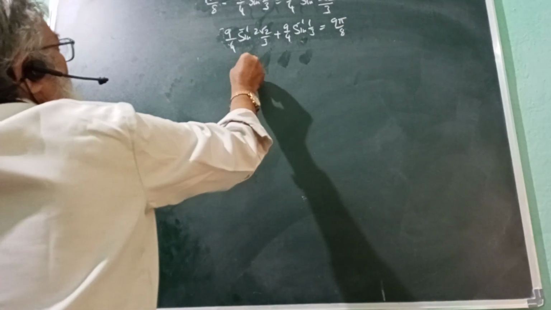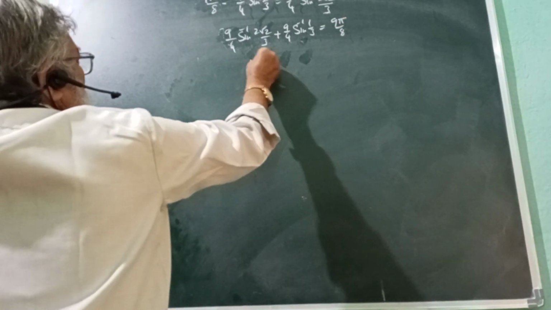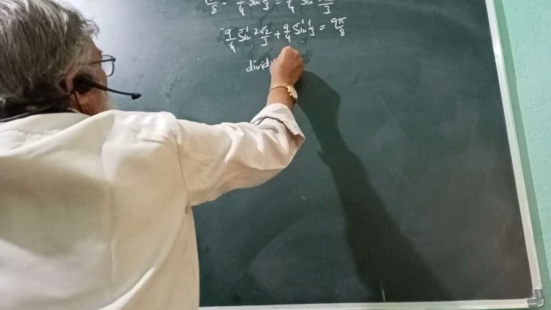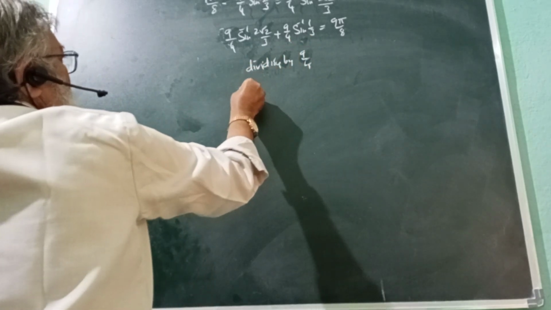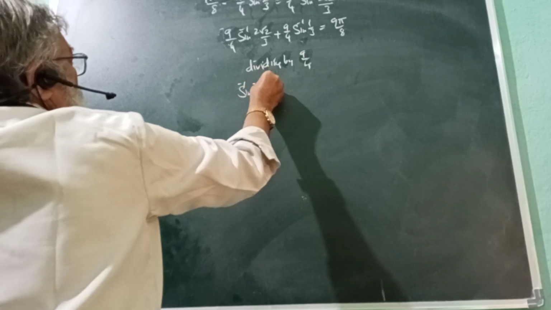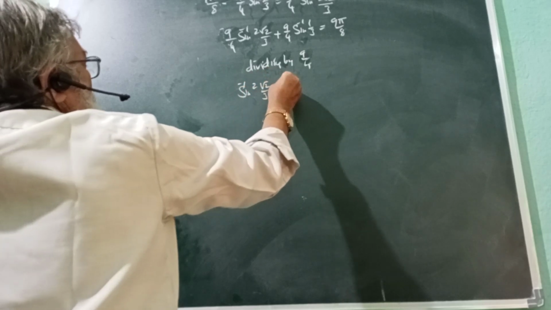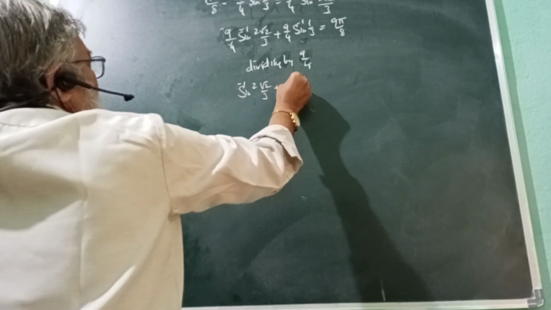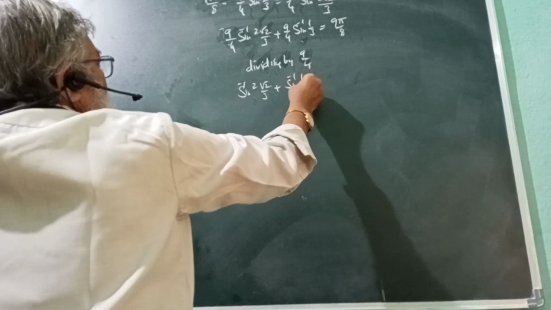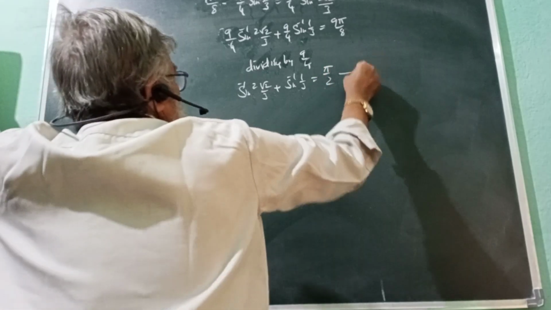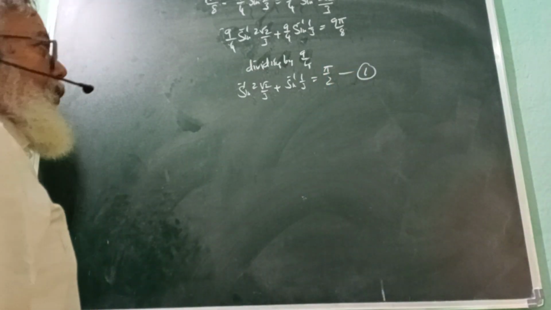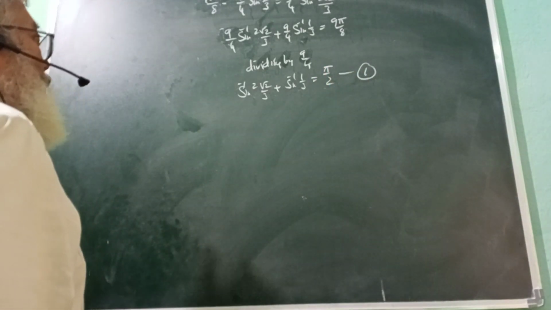Now dividing by 9 by 4, we get sine inverse of 2 root 2 by 3 plus sine inverse of 1 by 3 should be proved as pi by 2. Equation 1. If we prove this equation, it means we are proving the given problem.